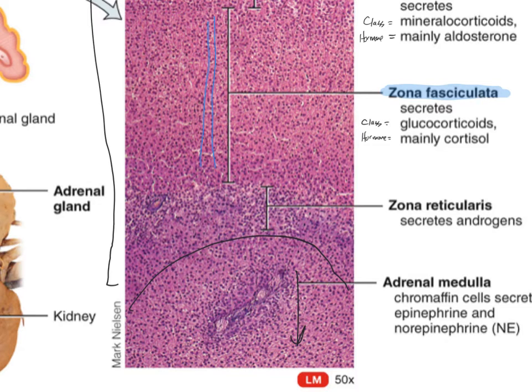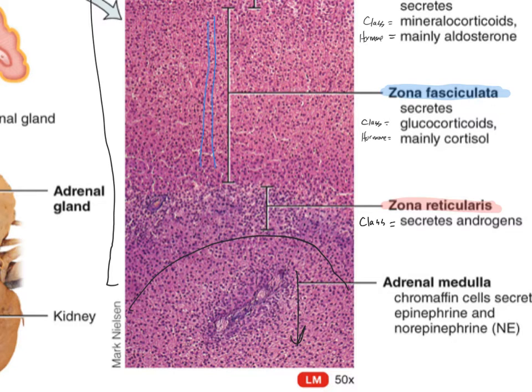Now, the last layer that we're going to talk about is one of the smallest layers. It's called the zona reticularis, so we'll highlight that in red for you. Now, the zona reticularis is called that because it gives this branching appearance like reticular fibers. The class of hormones it's going to secrete are androgens.